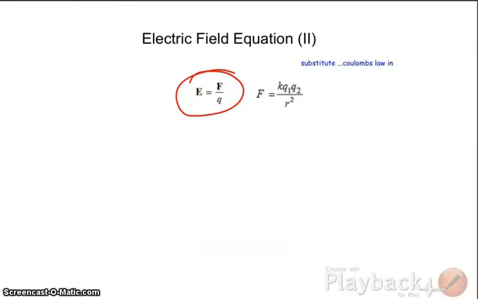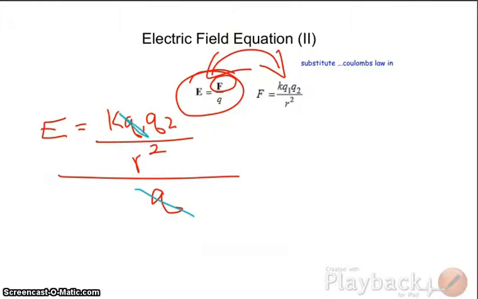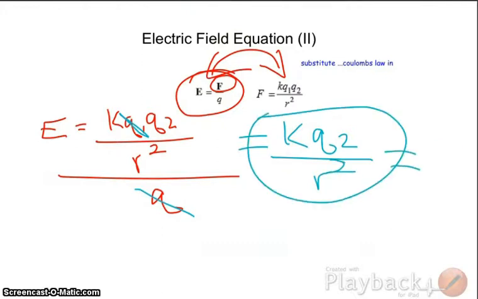But if we were to link these two equations together, and substitute Coulomb's law in for the force, then E equals k Q1 Q2 over r squared, divided by Q. Now, one of our Q's cancels, and you end up with k Q2 over r squared equals E. So the electric field equals the constant times the charge of the object making that field, divided by its distance squared.